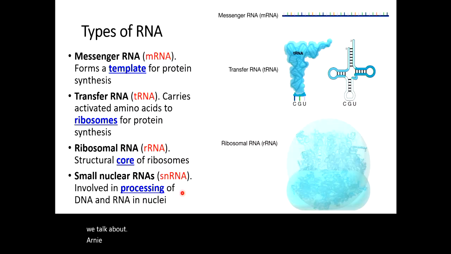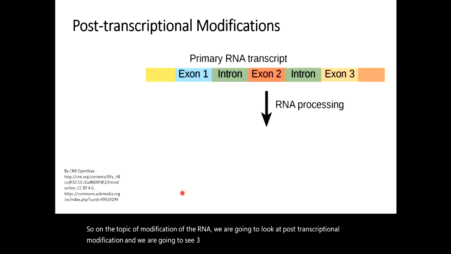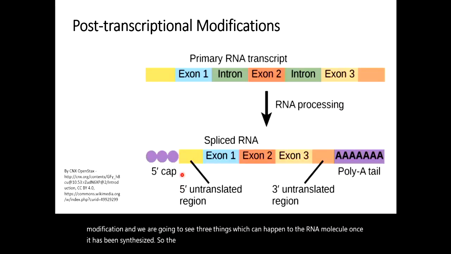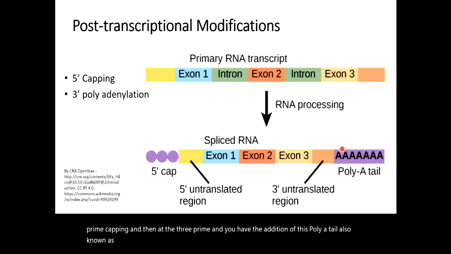So on the topic of modification of the RNA, we are going to look at post-transcriptional modification, and we are going to see 3 things which can happen to the RNA molecule once it has been synthesized. The first thing I want to point out is the 5' cap. This is called 5' capping, and then at the 3' end you have the addition of this poly A tail, also known as polyadenylation.